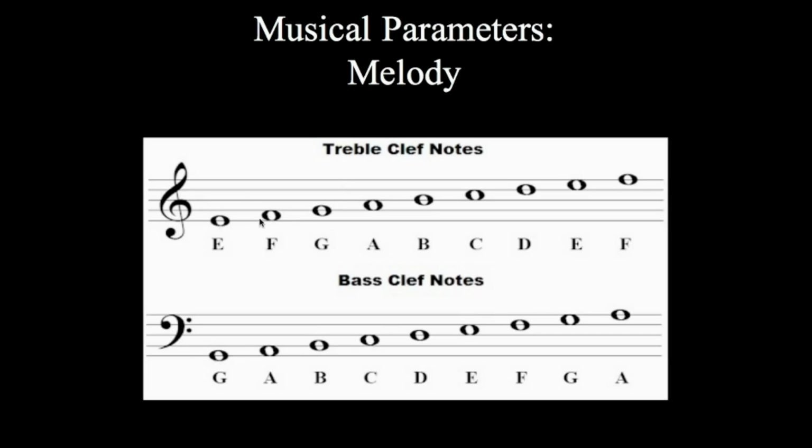Here, we can see that this first line is E. The first space is F, G, A, B, C, D, E, F. Those are all white keys on the keyboard. Same in the bass clef, G all the way up through A. Those are all the white keys. I am not playing any black keys. I'm just walking up the keyboard and skipping the black keys.